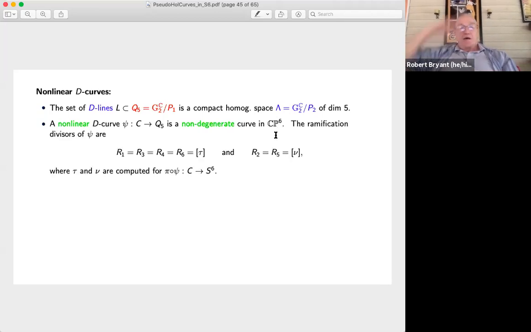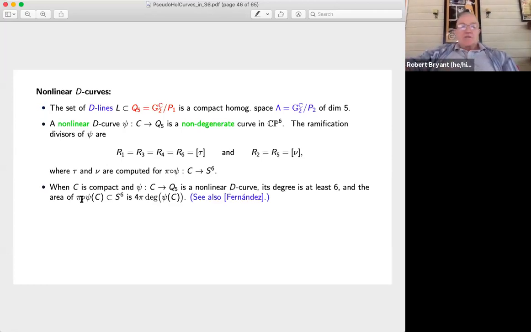For example, you can look at the ramification divisors of the curve as a non-degenerate curve in CP6, and it turns out that the ramification divisors are very constrained. The Plücker ramifications at order 1, 3, 4, and 6 are all tau, that divisor, and at 2 and 5, they're all nu, computed for this curve, as I said before.